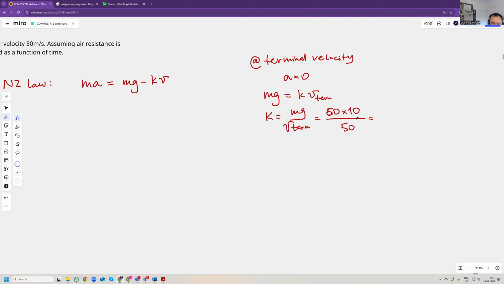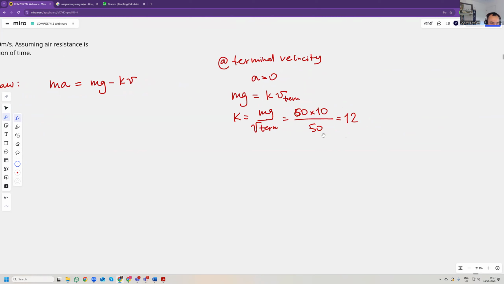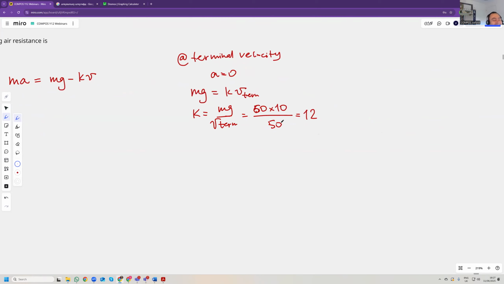Is it 12? 12. Yes, sorry, that's embarrassing. 12. Now the unit. mg has a unit of newtons and terminal velocity is in meters per second, so newtons divided by meters per second.